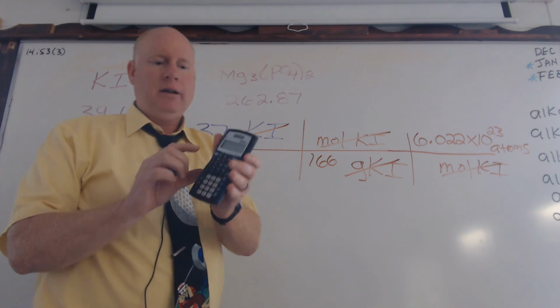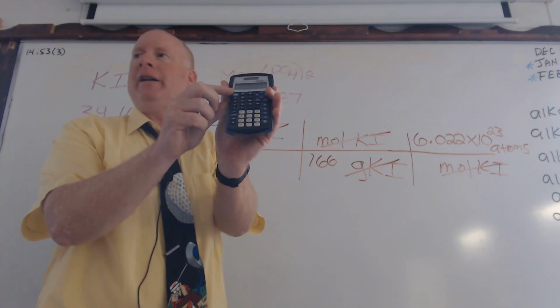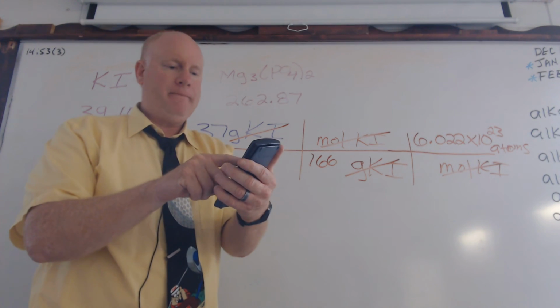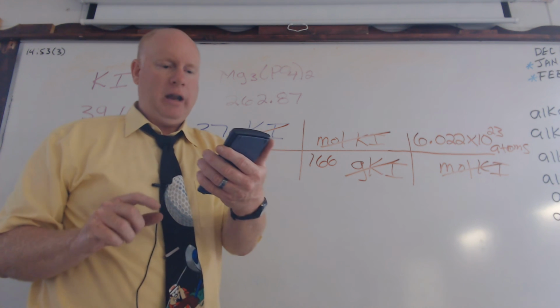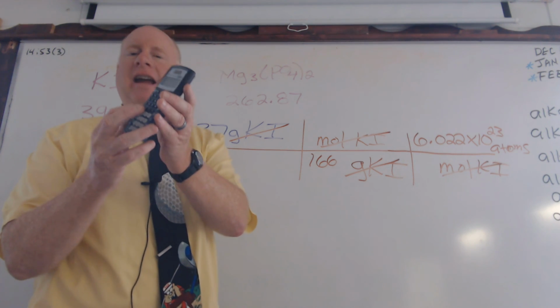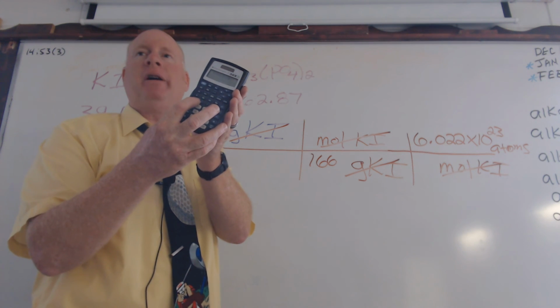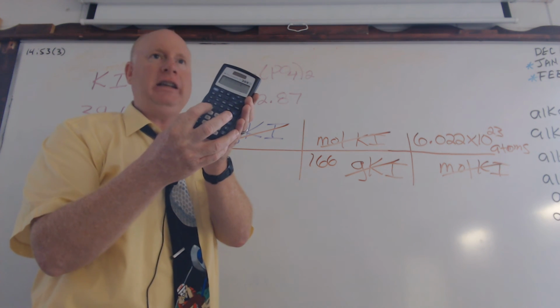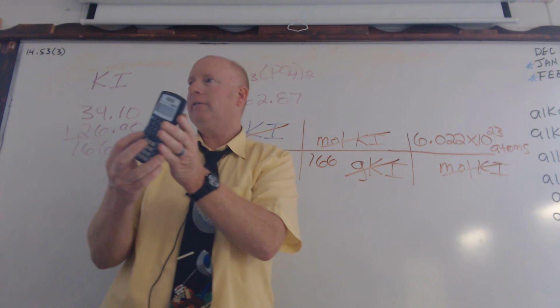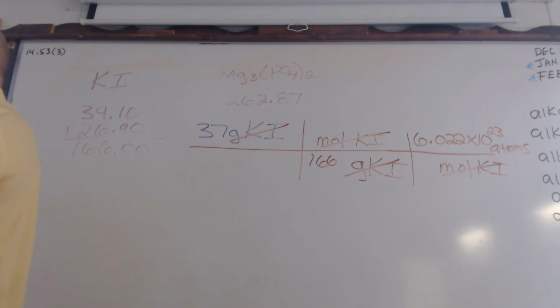See this second button? Hit that. And then you see this x to the negative 1? What does it say in blue right above that? EE. That means exponent. Scientific notation means you're putting an exponent in to make it more convenient for yourself.